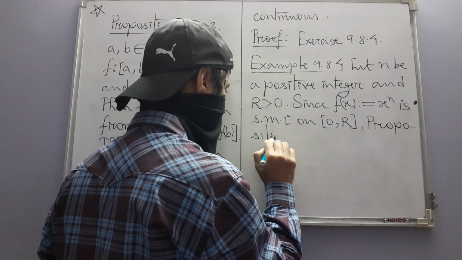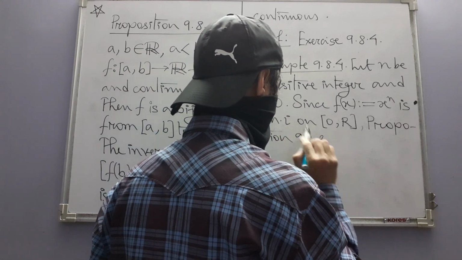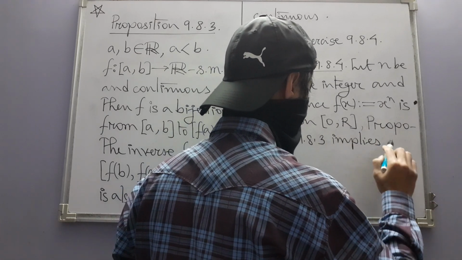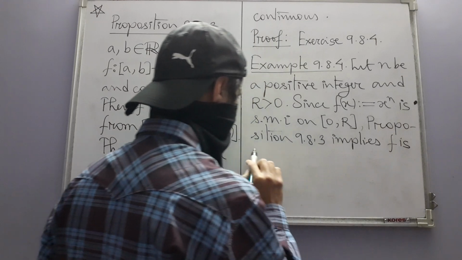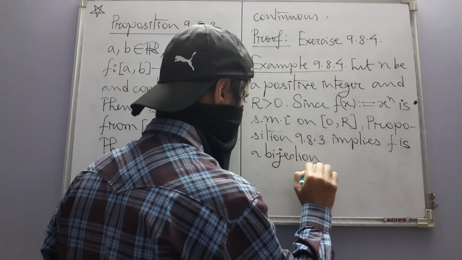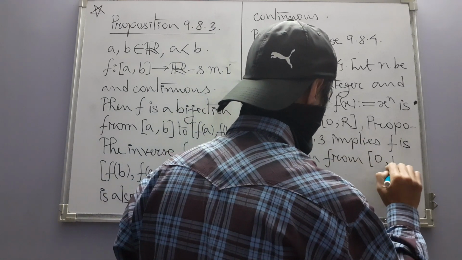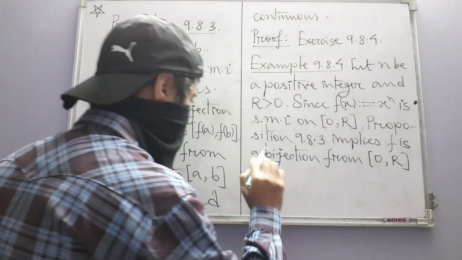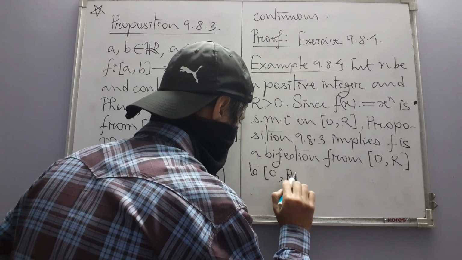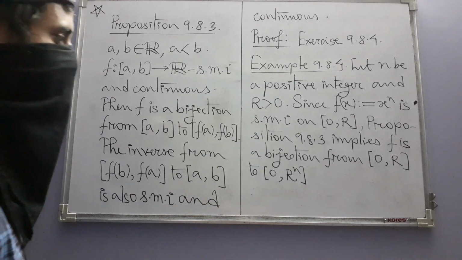Proposition (983) implies that f is a bijection from [0, r] to [0, r to the power n].